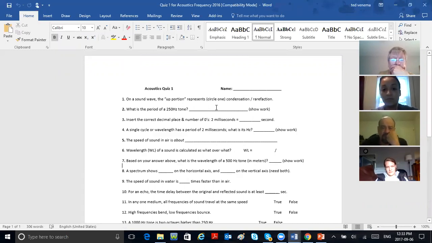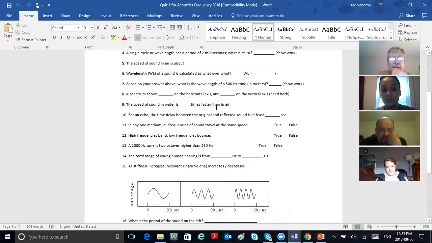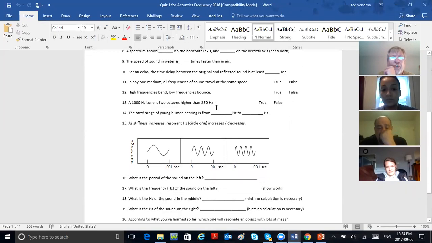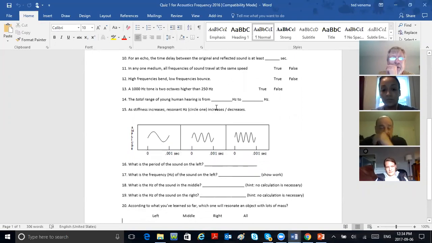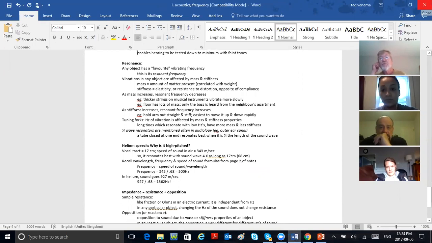Speed of sound in air, wavelength is calculated. Spectrum shows speed of sound for an echo. I'm just quickly reading this. You should be able to do this quiz, because all the questions on it deal with the stuff we've covered up till today. So we're good. Quiz 1, leave it exactly as it is.